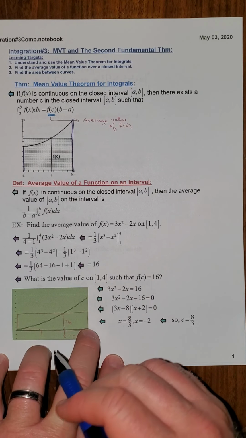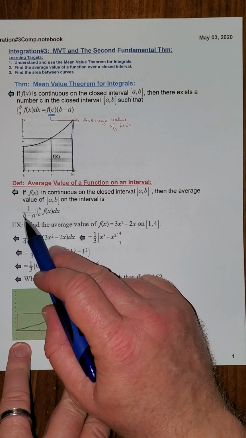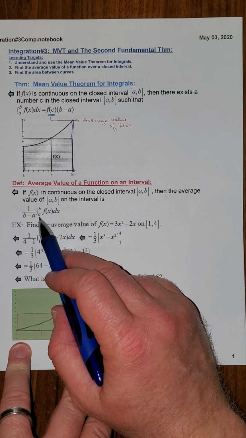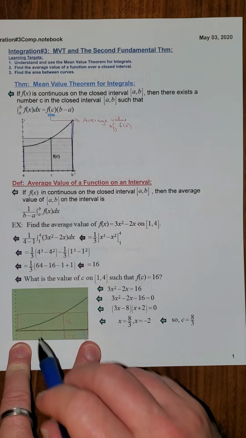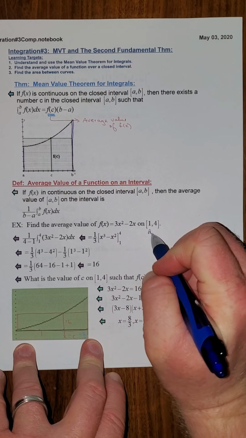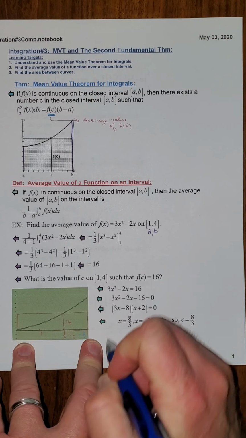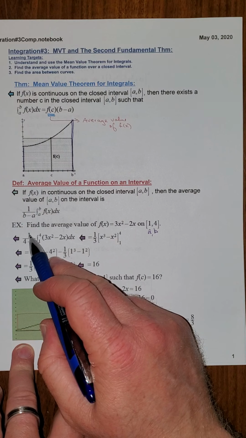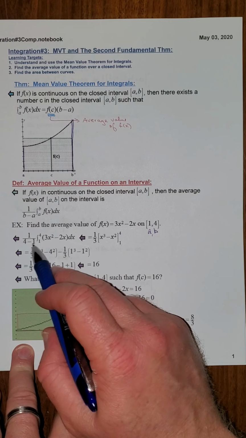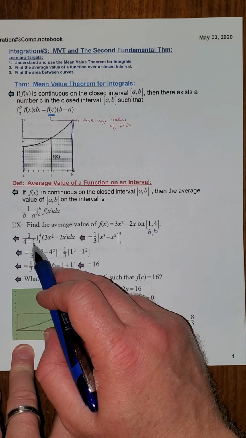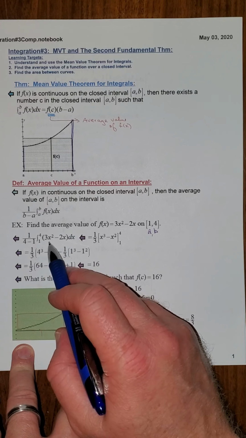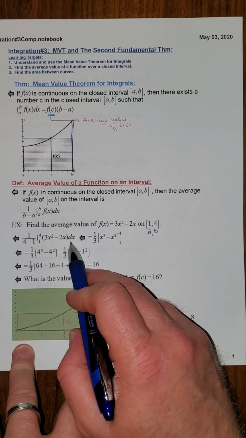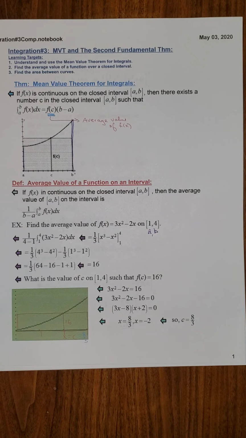How do I find that? I set up 1 over b minus a times the integral from a to b of f of x dx. Now, what's a and b? This is a, this is b. So I have to do 1 over 4 minus 1, which is 3, times the integral from 1 to 4 of 3x squared minus 2x dx. Okay?